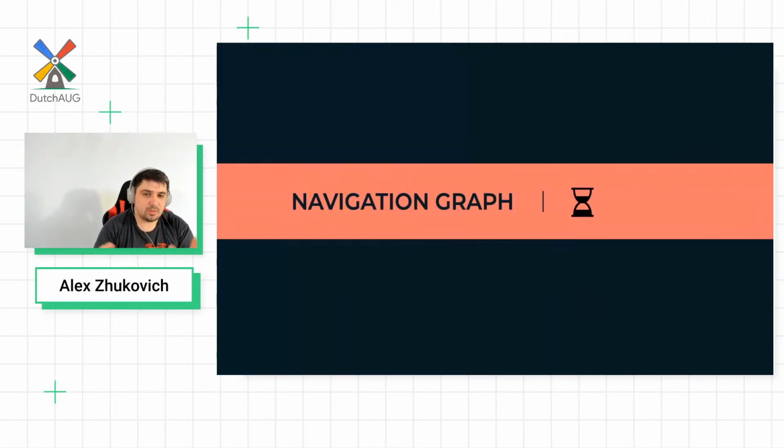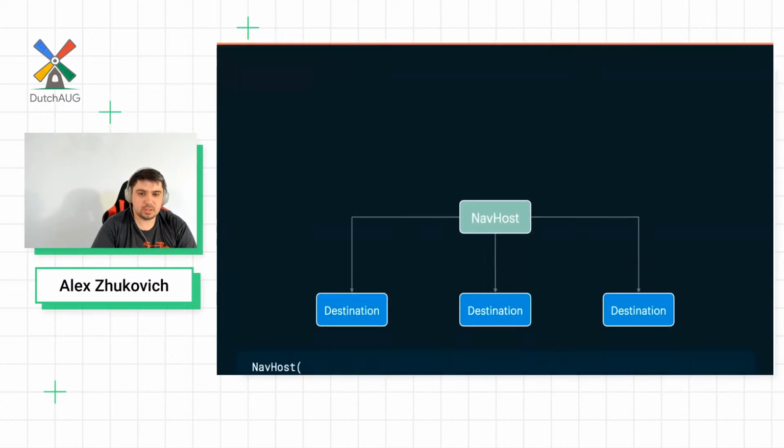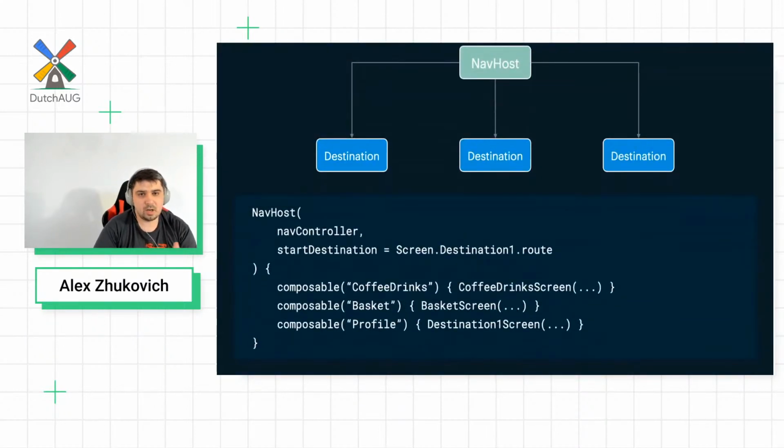The really important thing when we speak about any type of navigation is to build a navigation graph. So when we build a navigation graph, we can have a NavHost, and inside this NavHost we can have multiple destinations or screens.